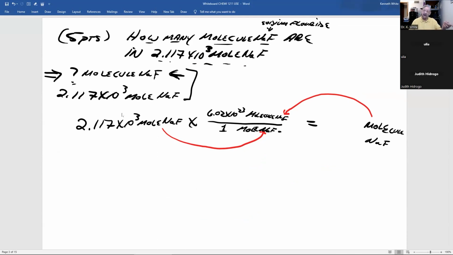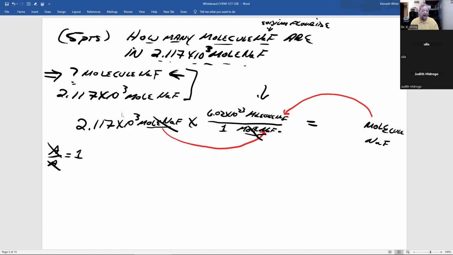Before I pick up my calculator, I'm going to look at my units. What cancels out? Here you have moles of sodium fluoride divided by moles of sodium fluoride. Remember, anything divided by itself equals the number 1, meaning it's canceled out. What units do I have left?